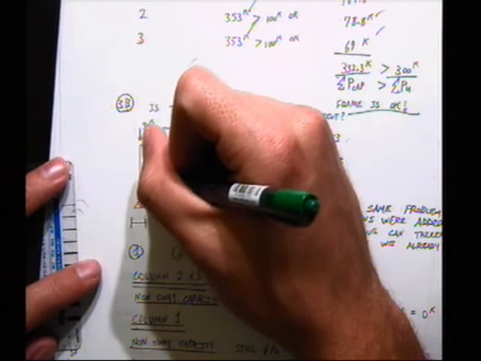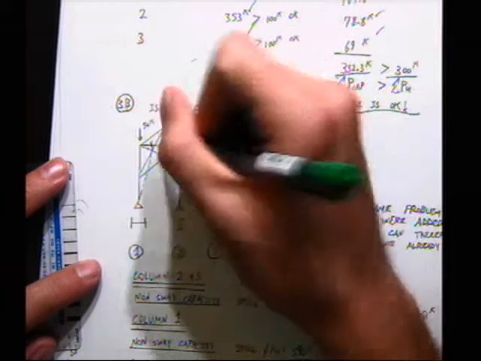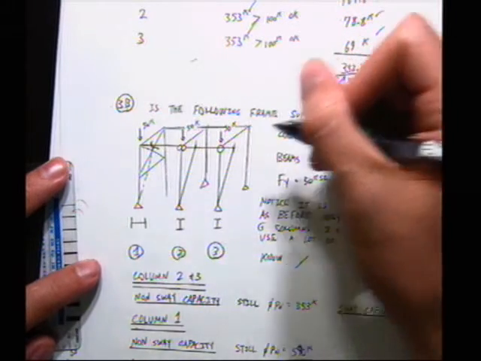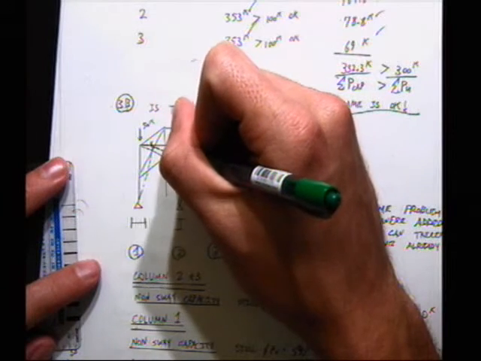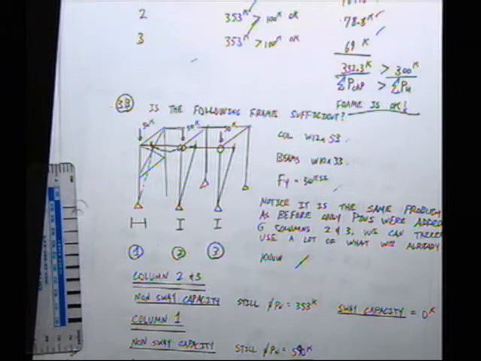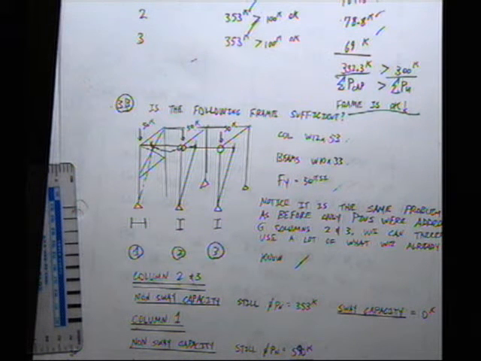This one's going to be whatever it wants to be. This has to be 90 degrees. This is going to deflect out and then back in. That's a deflected shape. You're going to be required to draw that on the final.